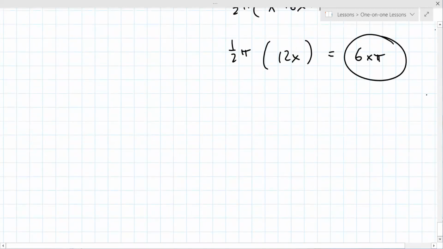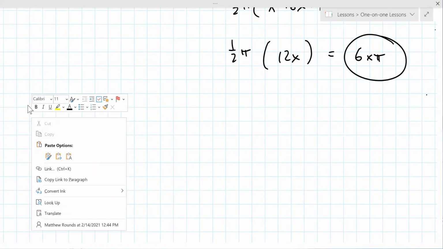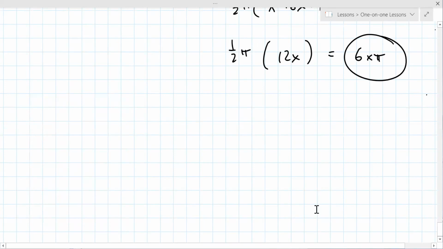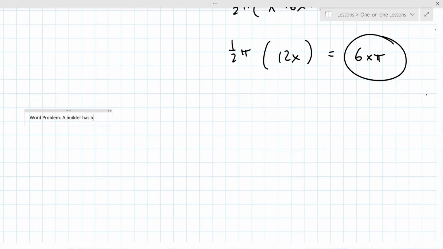So sometimes they give you a word problem. Let me see if I can type one in here that's meaningful. I'll make the text a little bigger. A builder has been asked to make a jacuzzi that is 12 feet in diameter, and the customer wants a 3-foot flagstone walkway around the tub.